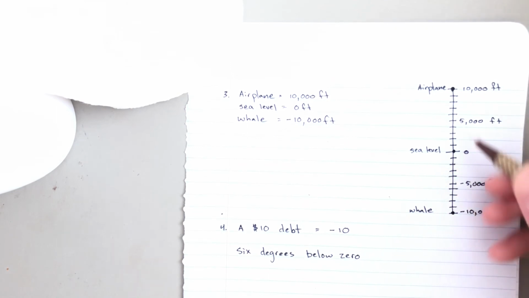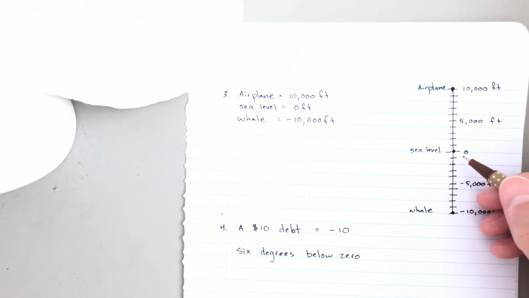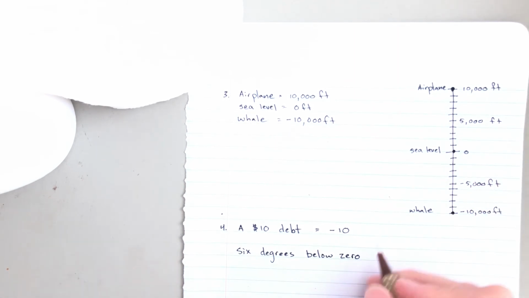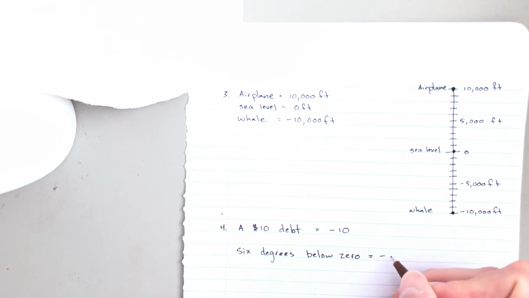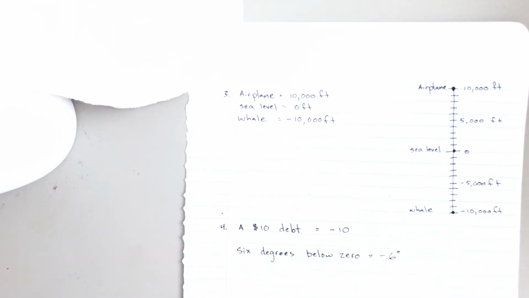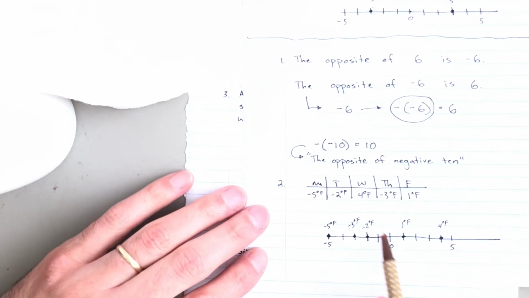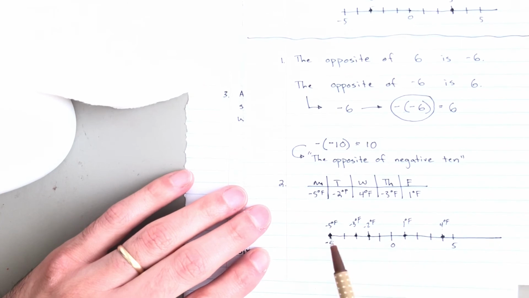Positive numbers are above, and below sea level would be negative numbers. So 6 degrees below would be negative 6 degrees. You could also do the same thing for the other number line here, because this is talking about temperature, and I'm going below 0.